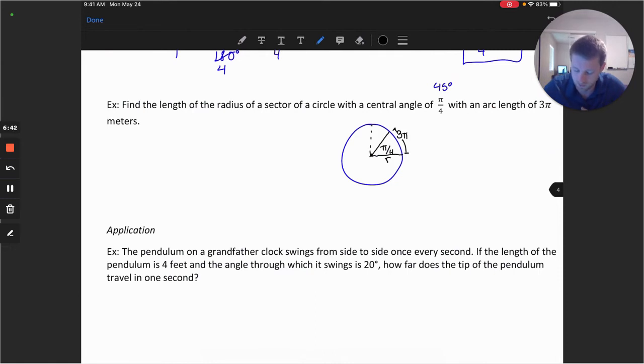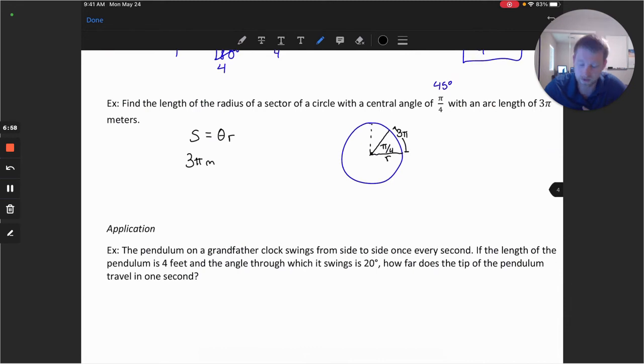So we know that the arc length s, again, is equal to theta times the radius r. And so our arc length we know is 3 pi. And that's in meters, so that's telling us what unit of length our radius is going to be in. It's going to be in meters, is equal to my theta, which is in radians, pi over 4 times my radius, r.